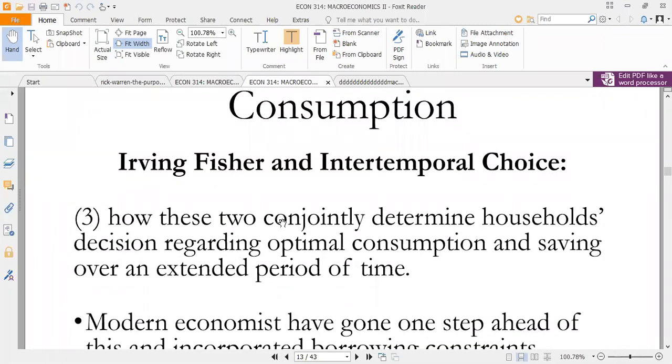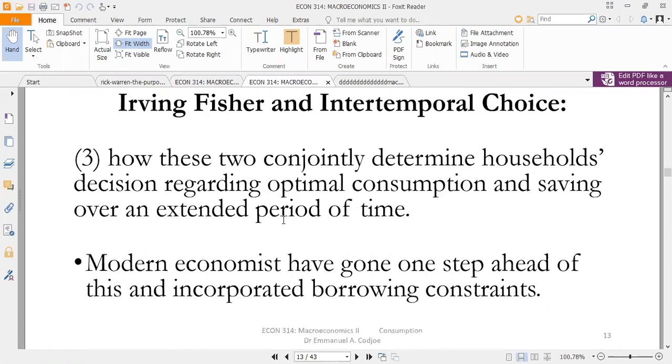then we are able to get the optimal consumption level and the optimal savings level over the consumer's entire life period. Okay, so now we know the preferences that the person is having, the budget constraint that the person is facing. So if we are able to combine the two, then we'll be able to know the levels of consumption for the current and the future period that the consumer can go for, to maximize his lifetime satisfaction.